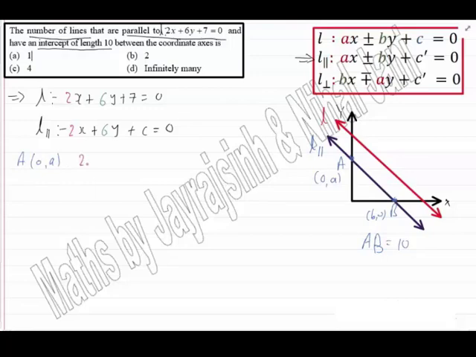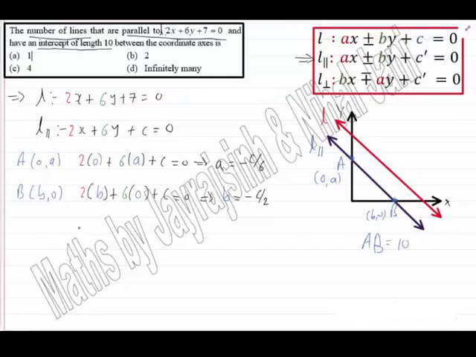So here we will get 2 times the x coordinate 0 plus 6 times the y coordinate A plus c is equal to 0. So we can say A must be equal to minus c by 6, and similarly point B, which is B comma 0, will also satisfy the equation of line. So we can say B will be minus c by 2, right?